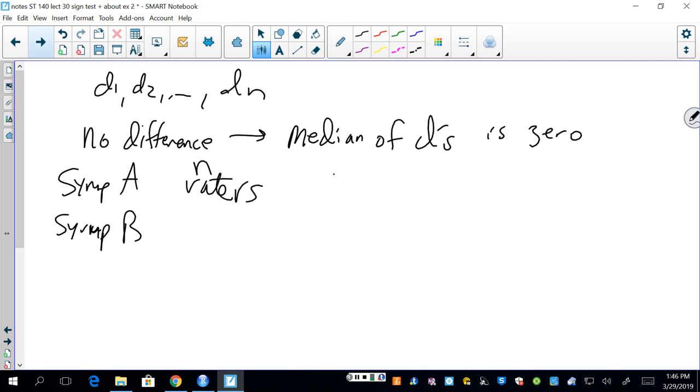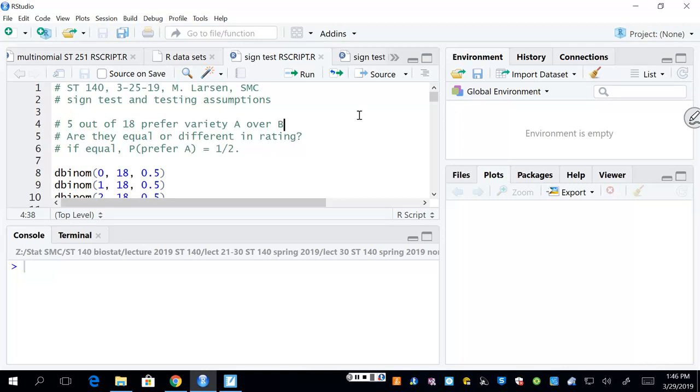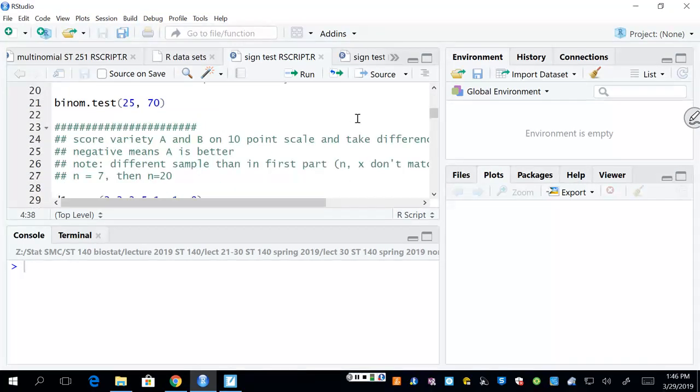Let's say we get n equals 18 people, and 5 out of 18 prefer A. If they're equal, we can imagine that they have some quantitative ratings. So let me jump over and do the quantitative version of it first. This is the handout with all the numbers on it, partway down the page.